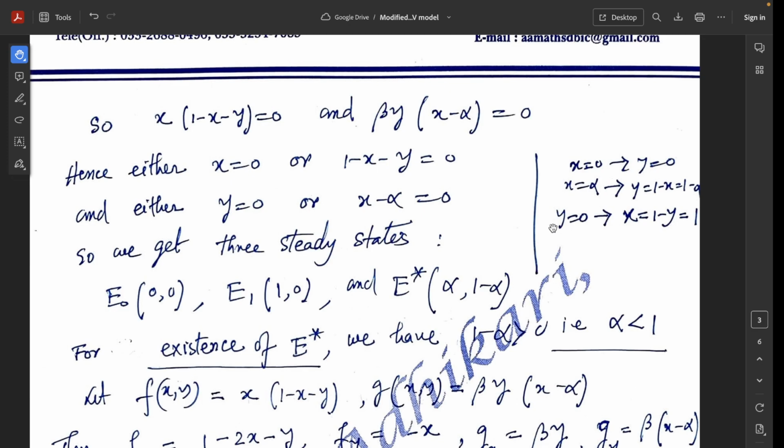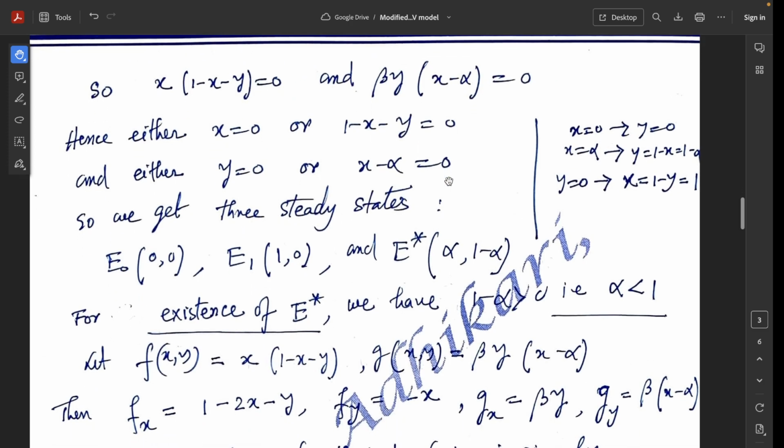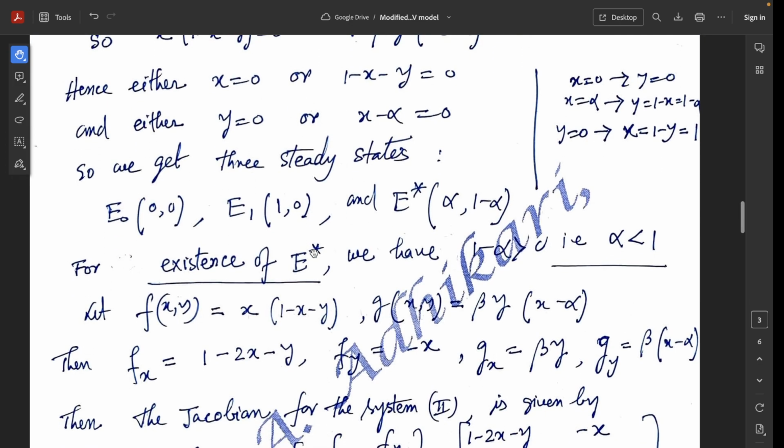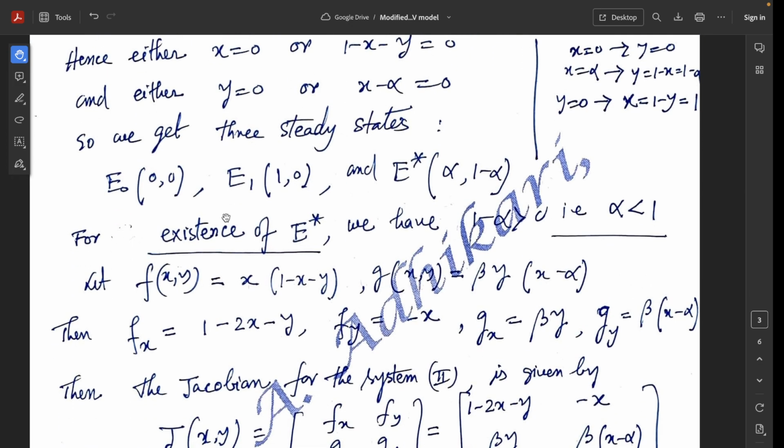And if we put y equal to 0 in this equation, then we get x equal to 1. So we get E1 steady state (1, 0). So ultimately we find three steady states: (0, 0), (1, 0) and (alpha, 1 minus alpha).